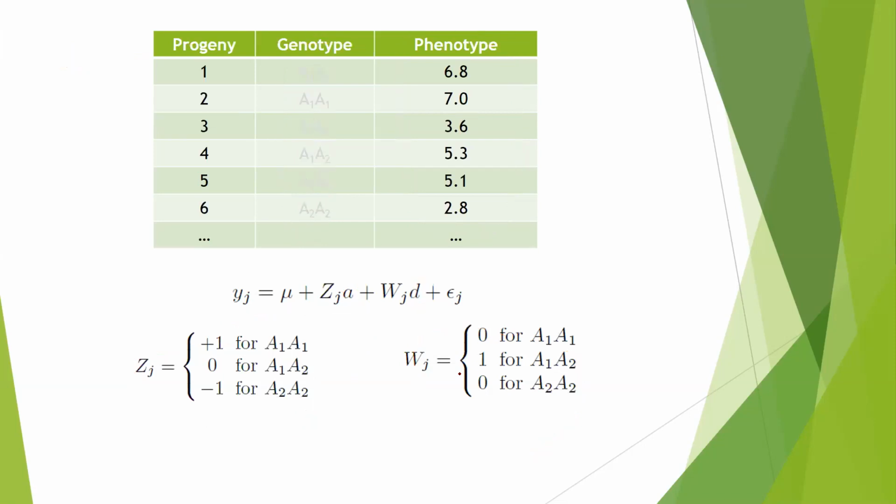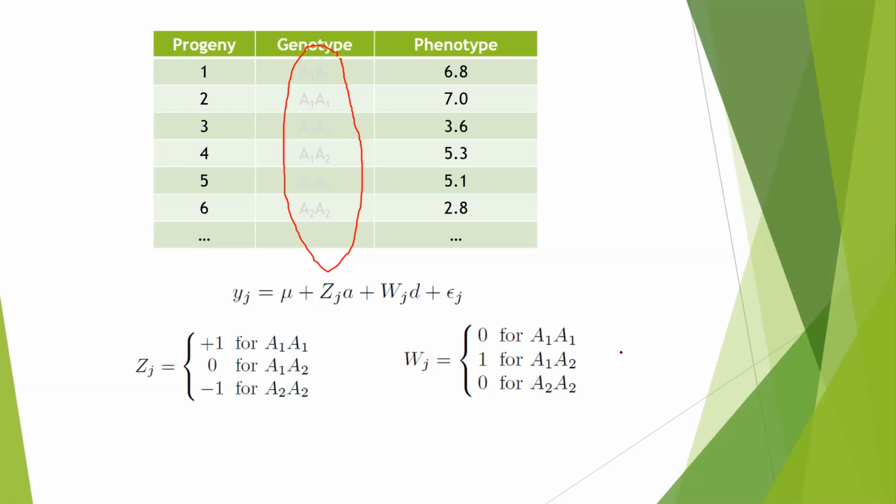But what if the genotype information is not available? Can we still test the association between this locus and the phenotype? Yes, we can. One way we have learned: if we have the information of the flanking markers, we can use those flanking markers to infer the genotype for this one, right?